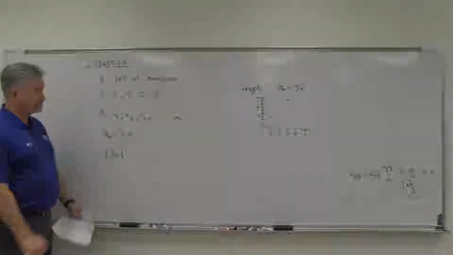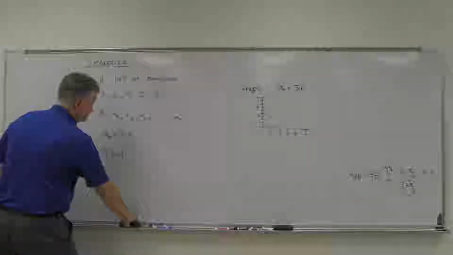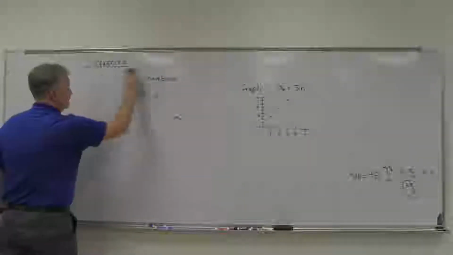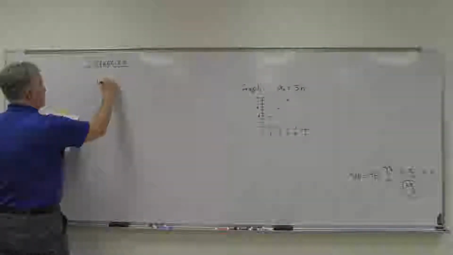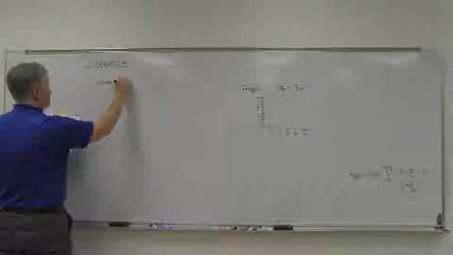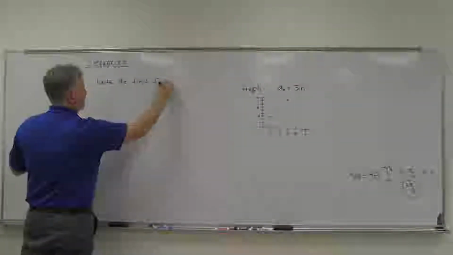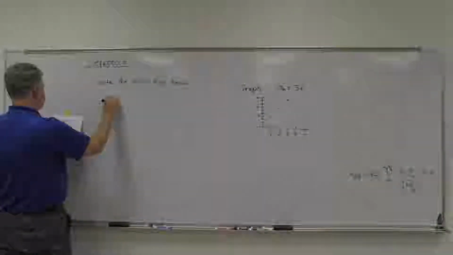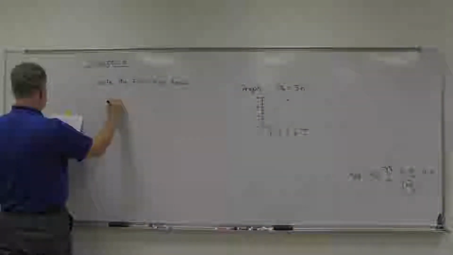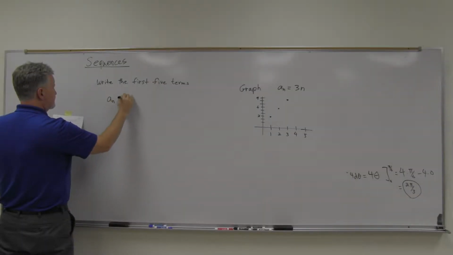Okay. So let's look at a couple of sequences here and write out a few terms. I think they usually have us do 5 terms or something like that. A sub n equals 1 over n.